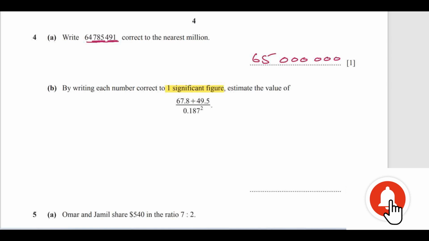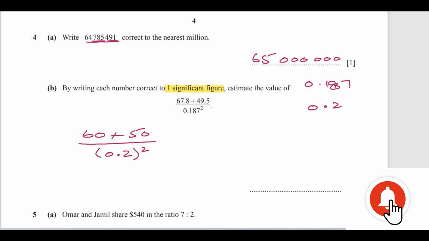First of all 67.8 will be equal to 60, because correct to one significant figure is our keyword. Estimate the value. Plus 49.5 will be equal to 50, divided by, now 0.187 correct to one significant figure should be equal to 0.2.